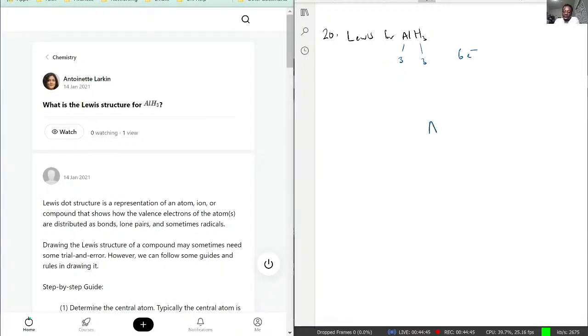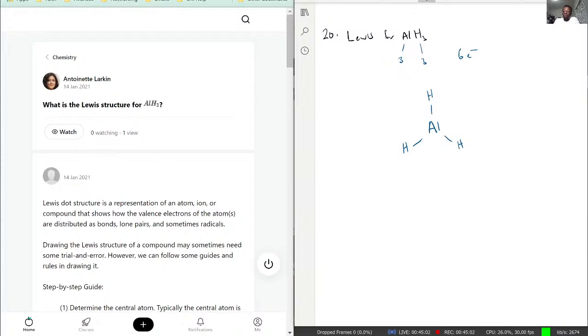So we have Al, and then H, H, H. Now hydrogen is already using 1 of its 1, and aluminum is already sharing 3 of its 3. So really, this will be it.